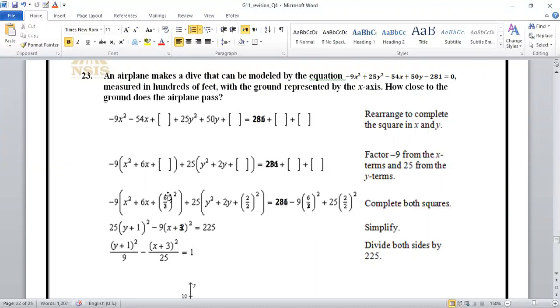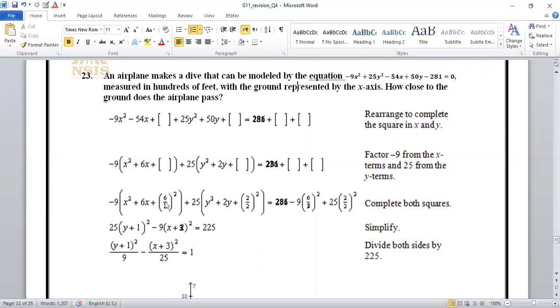Okay, negative 9 times (6 over 2)², and 25 times (2 over 2)². Finally, after simplification, we get 25(y + 1)², complete both squares, minus 9(x + 3), since 6 over 2 equals 3, and 2 over 2 equals 1, (y + 1)².